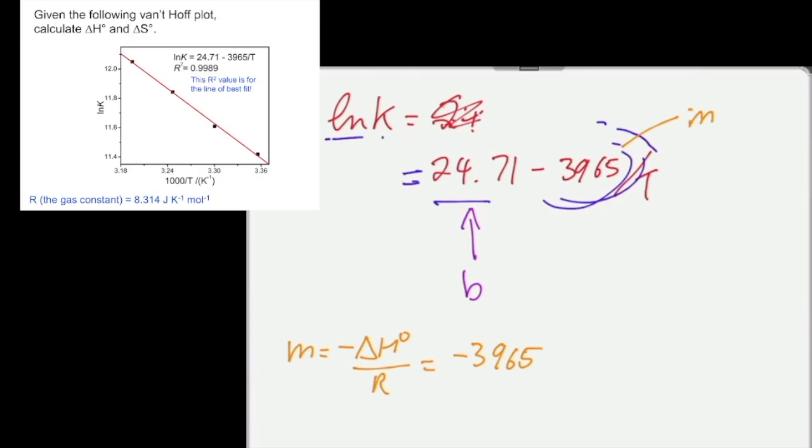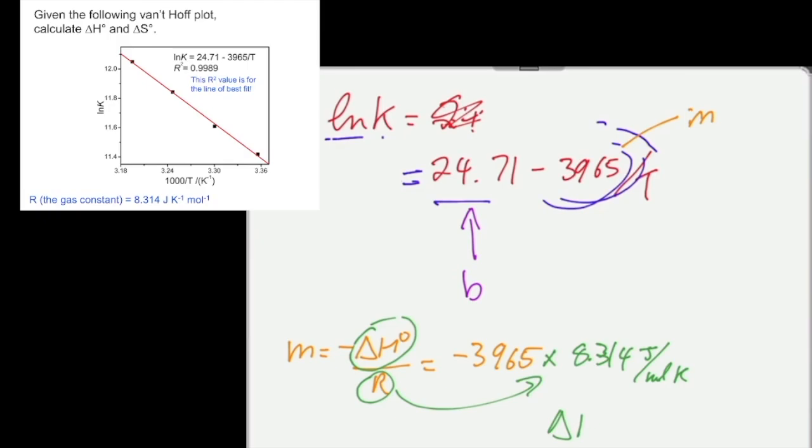No, you use the y-intercept. X-intercept is not something we use. Yeah, this is endothermic, right? Negative slope, positive delta H. That's right. So if this is our value here, we just need to solve for our delta H. I'm going to bring R up over here, multiplying this by 8.314 joules per mole Kelvin.